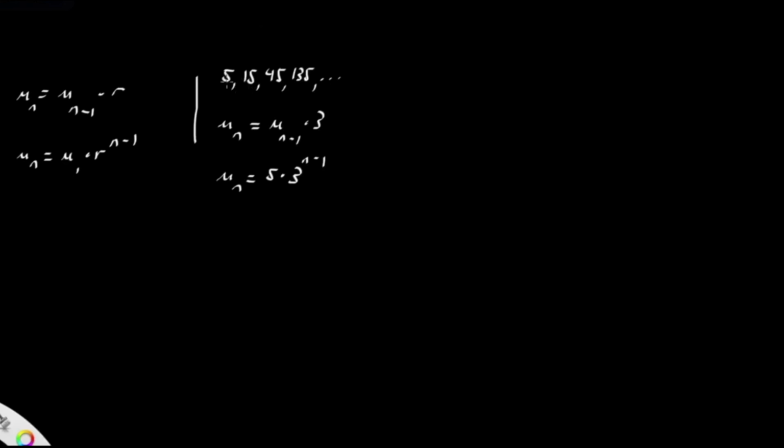So if the ratio was negative 3 rather than 3, we would get 5, negative 15, 45, negative 135, and so on. Here the common ratio is negative 3.